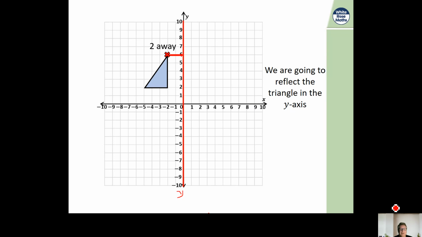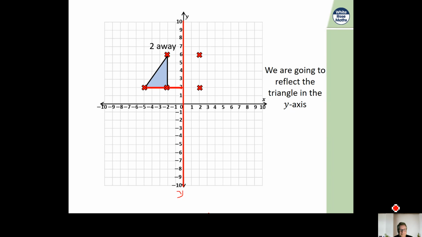It's 2 away from the y-axis. So therefore, it needs to be 2 away on the other side, in the first quadrant, with each of the vertices. There we go.